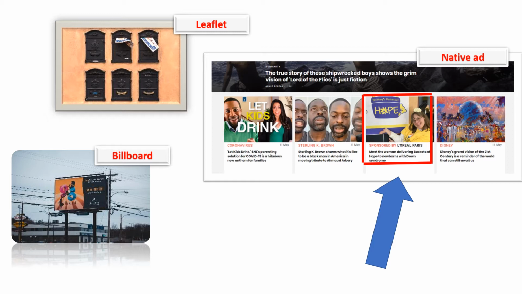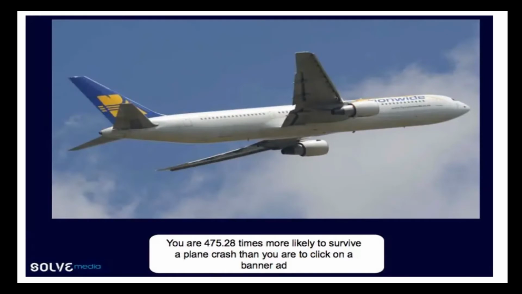You can see that it blended into its environment and it has the word sponsored. Some say that you are 475.28 times more likely to survive a plane crash than you are to click on a banner ad. Do you agree? Do you ever click on these banner ads?